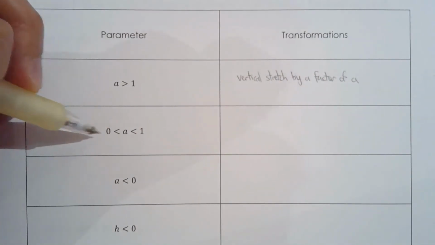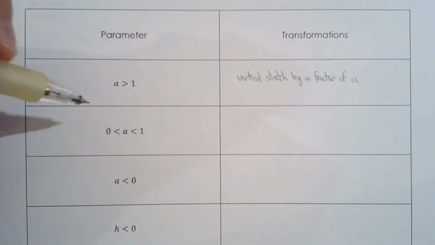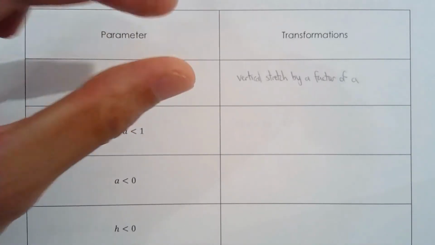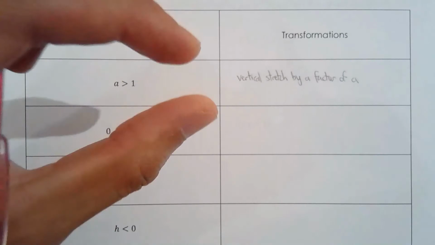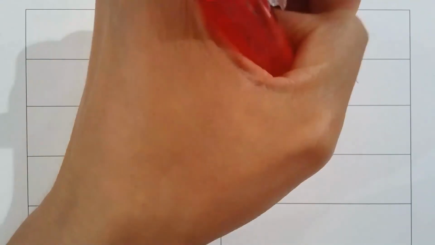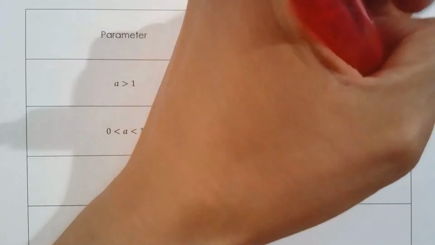When a was between 0 and 1, this vertical distance between the points and the x-axis did not increase. In fact, they decreased. So this time, you don't see a vertical stretch, you see a vertical compression by a factor of 1 over a.